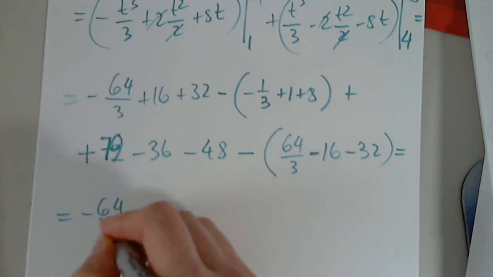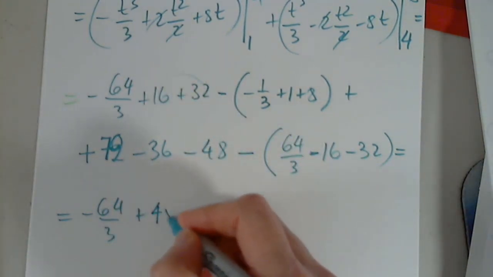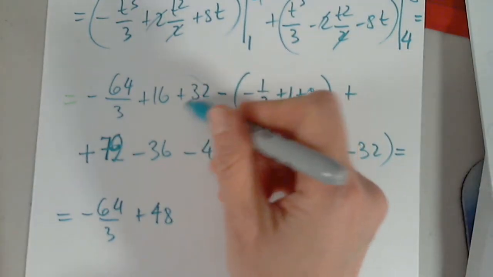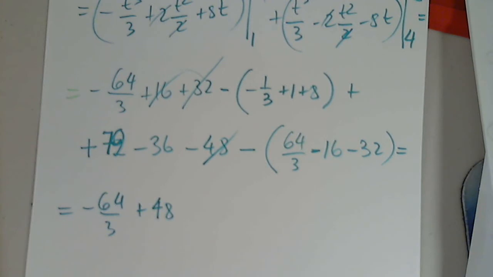So negative 64 over 3. And this is plus, it is 48. Okay. So 48 with negative 48 will go away. And then I need it out of here.